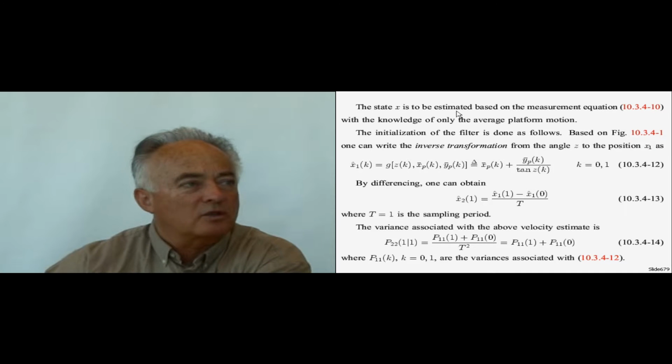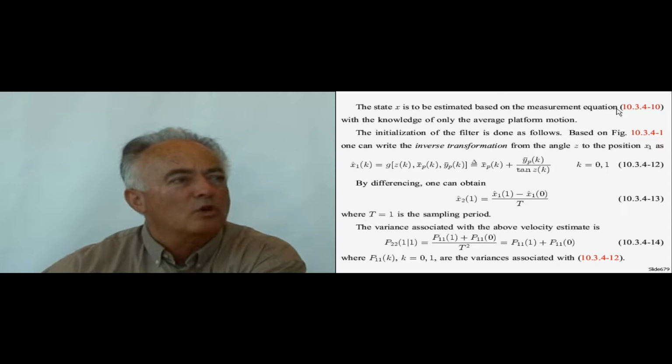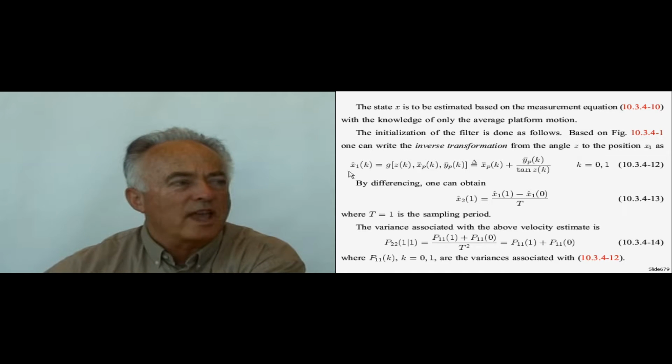Now, the state x for the target will be estimated based on our measurement equation with the knowledge of only this average platform motion. First thing we have to take care of is to initialize the filter. One way of doing it is we can write the inverse transformation of the angle z to the position x1 as an x1 hat at time k.